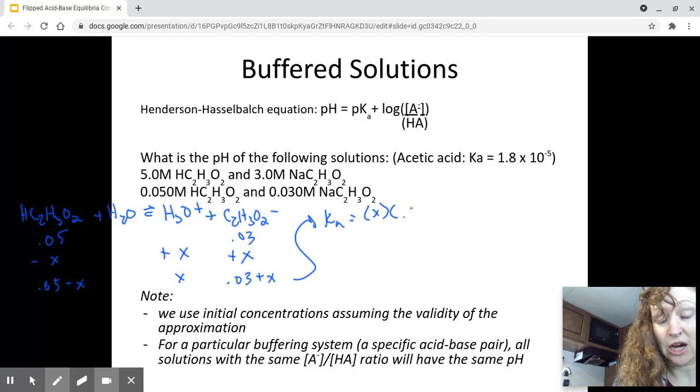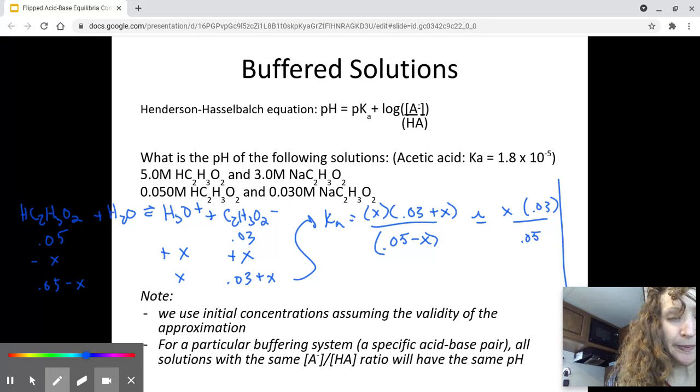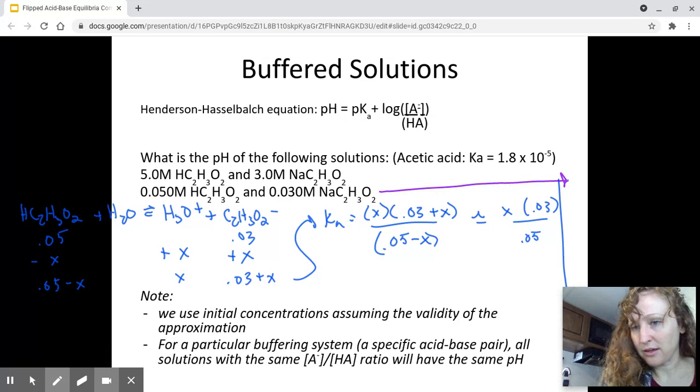Henderson-Hasselbalch is an optional shortcut, not a necessary equation. Okay, that would be the first way you set it up. Here's the second way.